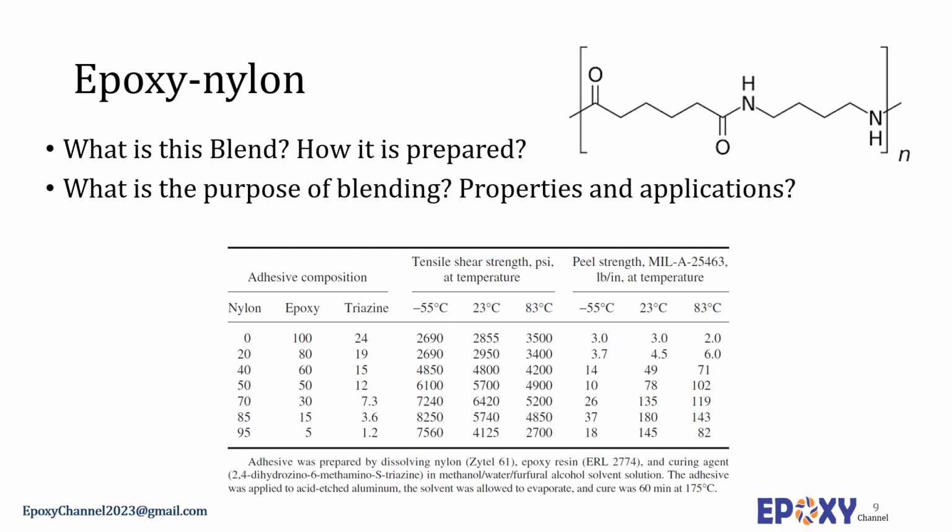Higher ratios of nylon will increase tensile shear strength and peel strength measured at temperatures from minus 55 to 80 centigrade. However, temperature and moisture resistance will eventually be degraded by high nylon concentrations.